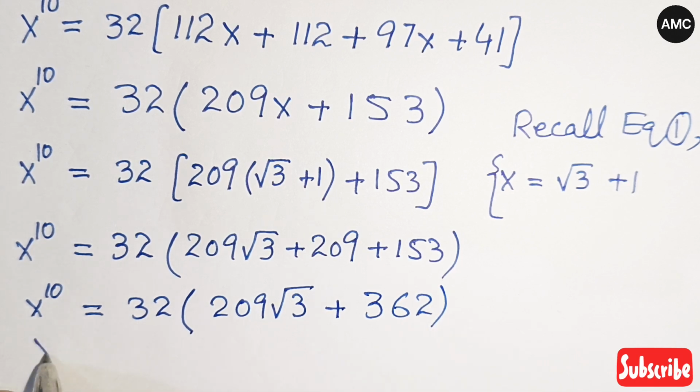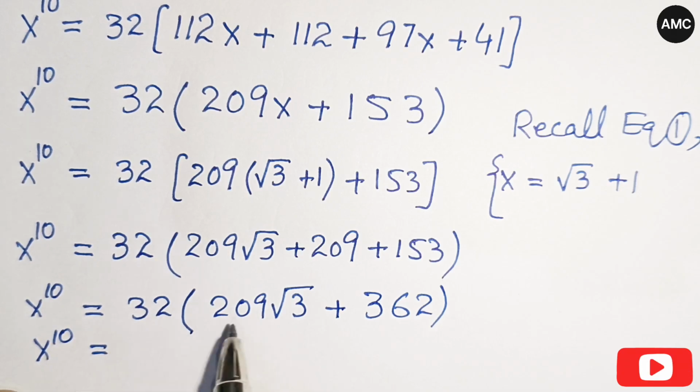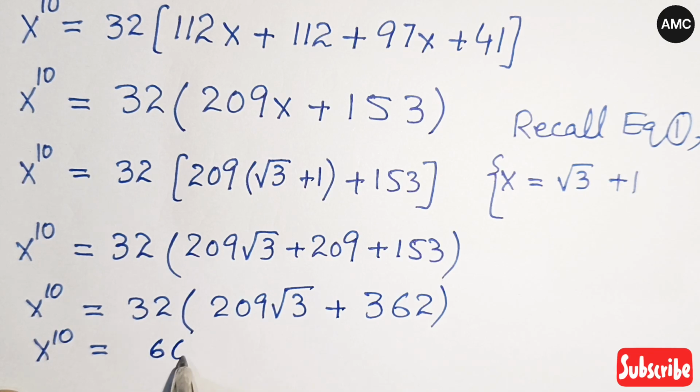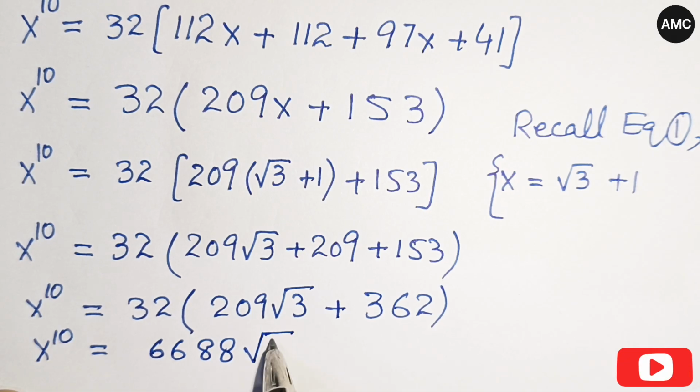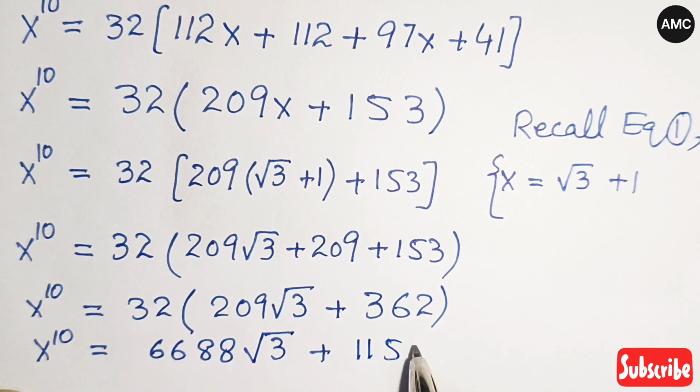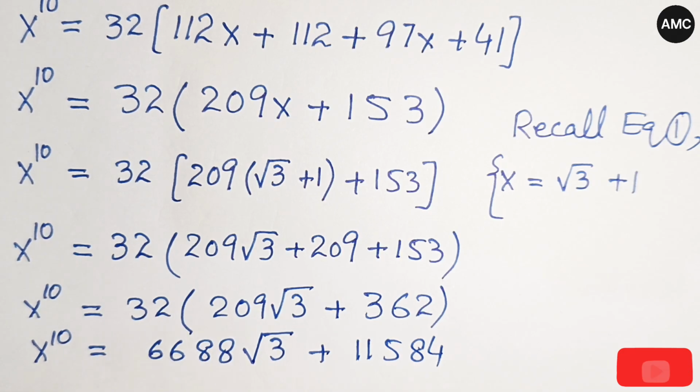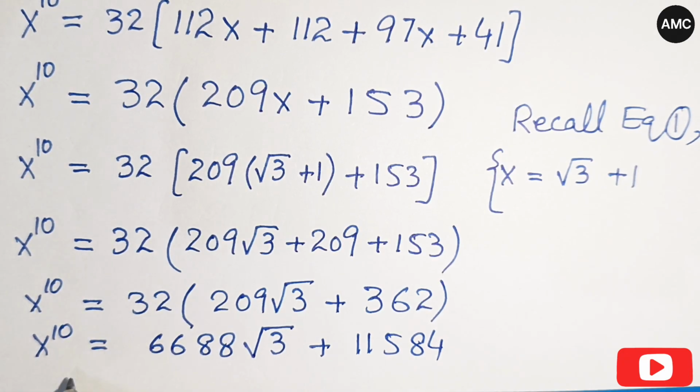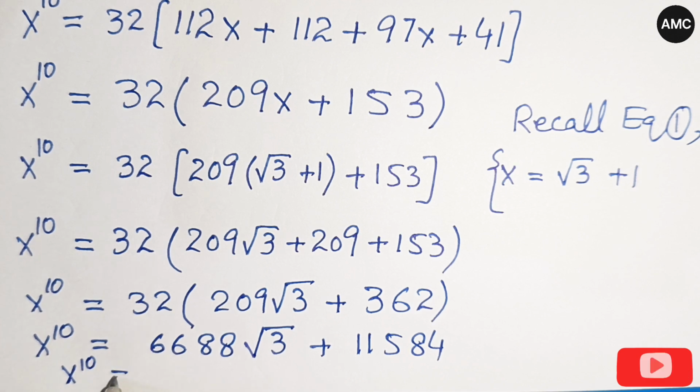Now x to the power 10 is equal to, multiplying this one, 32 times 209, here we get 6688 times square root of 3, and plus 32 times 362, we have 11584.